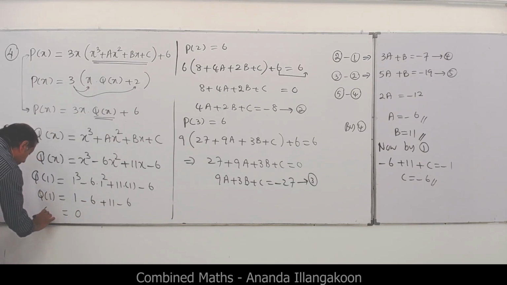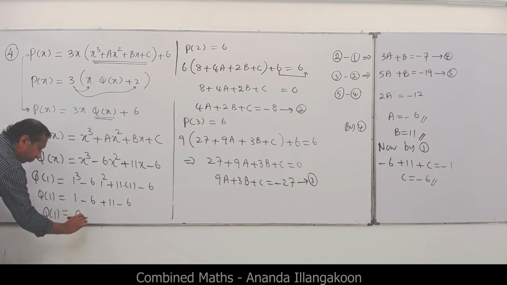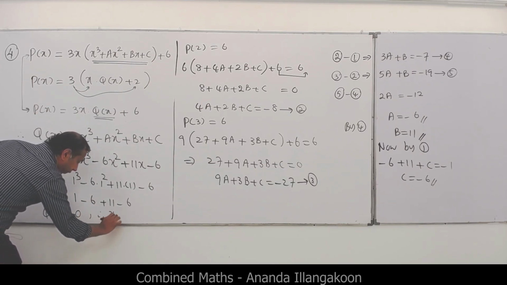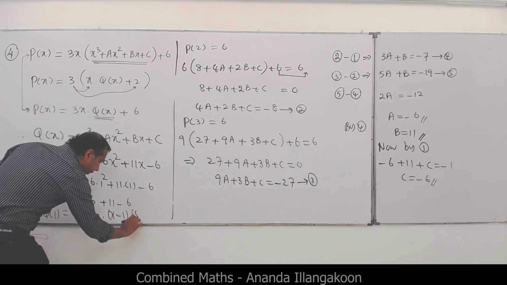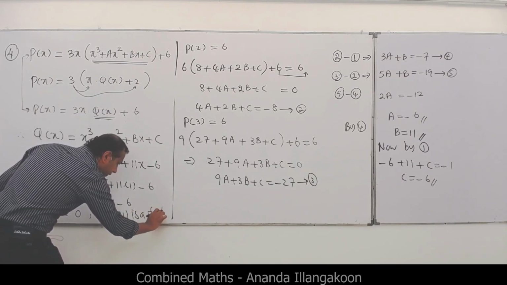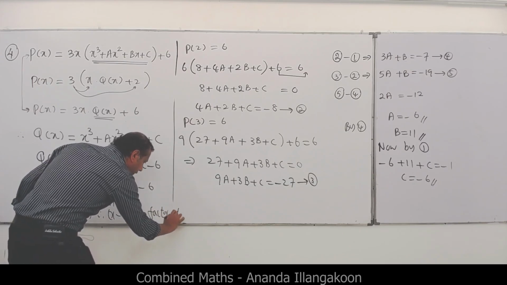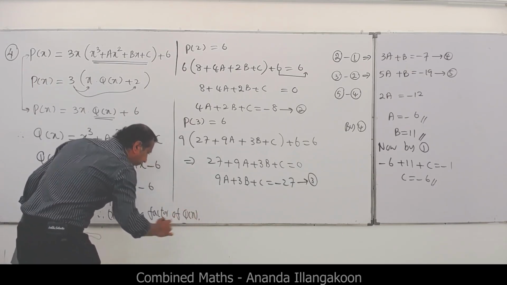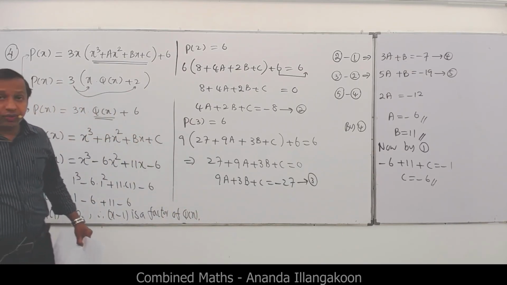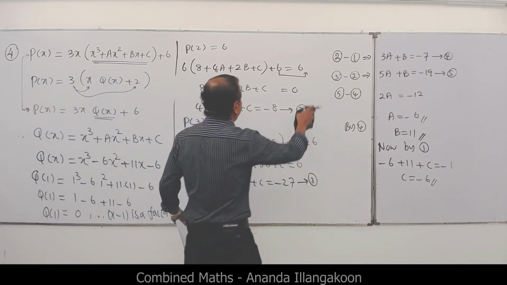According to the factor theorem, Q1 is 0 means x minus 1 is a factor of Qx. Similarly, put x equals 2 and x equals 3.